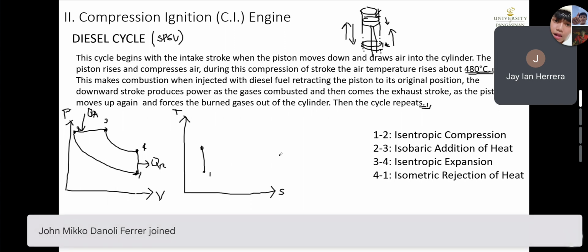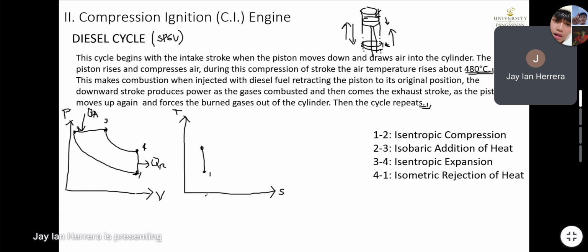Isentropic compression yan, so straight line vertically, since S is our x-axis. 2 to 3 is isobaric heat addition, ganun pa rin, curve line going up. And then 3 to 4 is isentropic expansion, that is constant entropy pa rin or constant S. And then 4 to 1 is our isometric heat rejection.